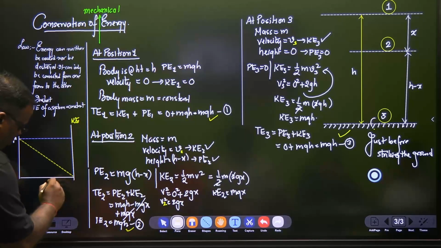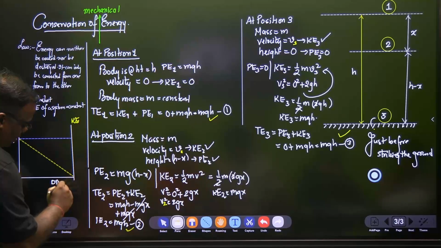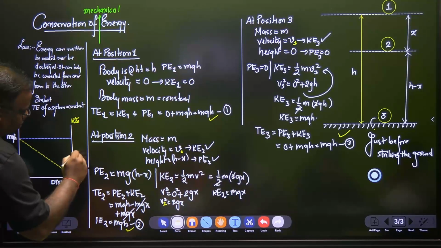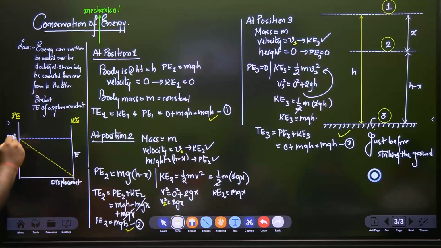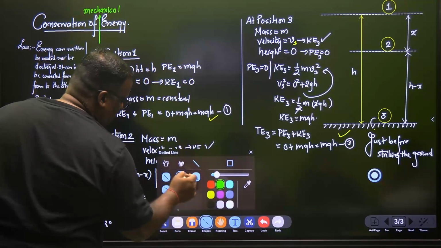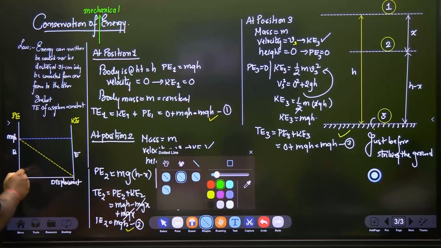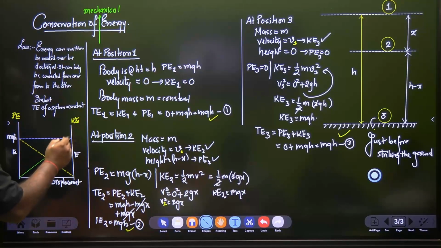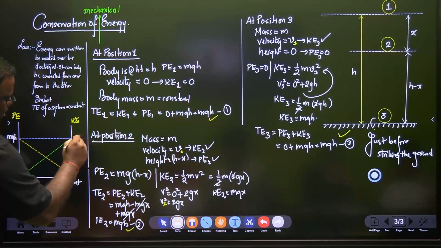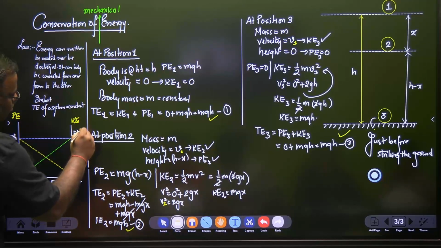On this we are showing displacement. Have you understood? On this we are showing energy, on this also we are showing energy. And in this process, as your PE was getting lost, your KE from 0 was getting built. So here I have got 0 KE, and here my KE is equal to how much? mgh. Beautiful.